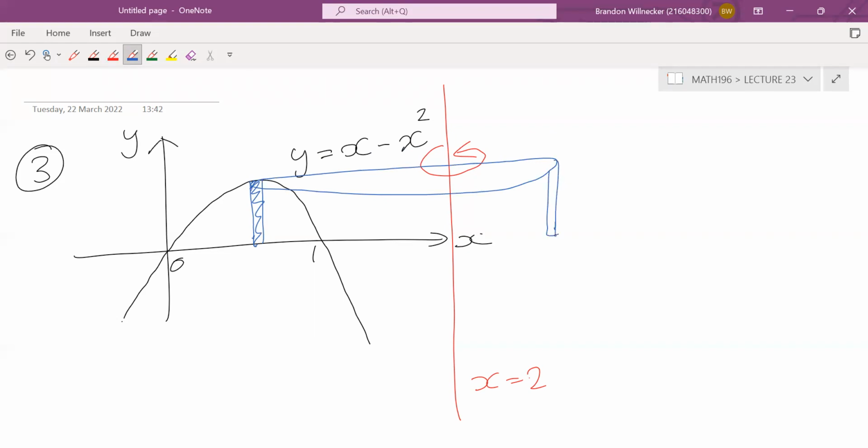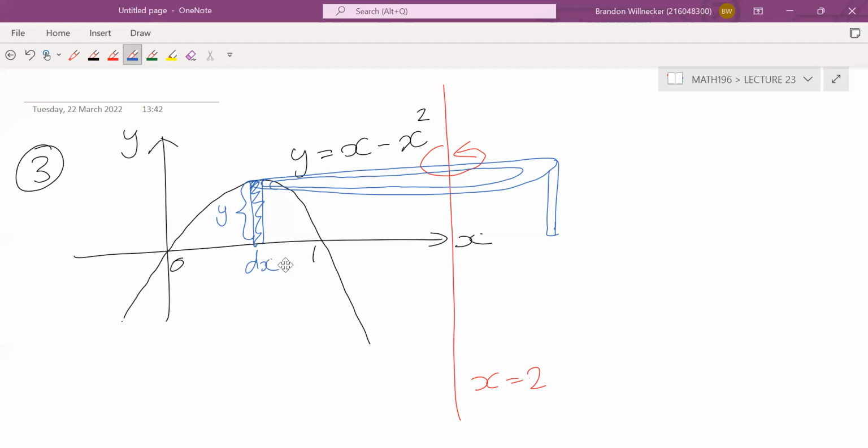Okay, something like this, and then it's got the thickness. Okay, so that's our cylinder for that point. So we know that the height over here is given by y. The thickness is dx. But what about the radius?